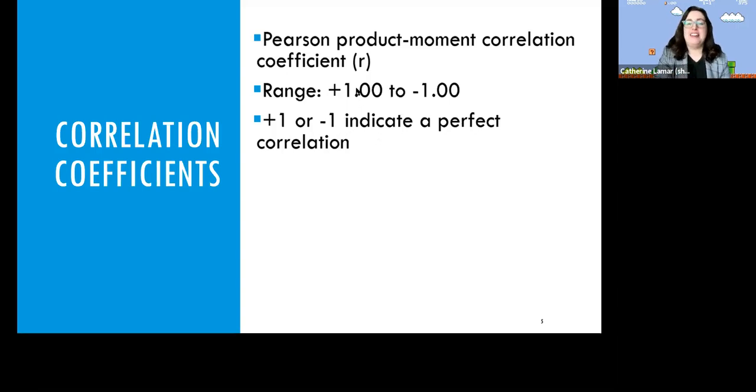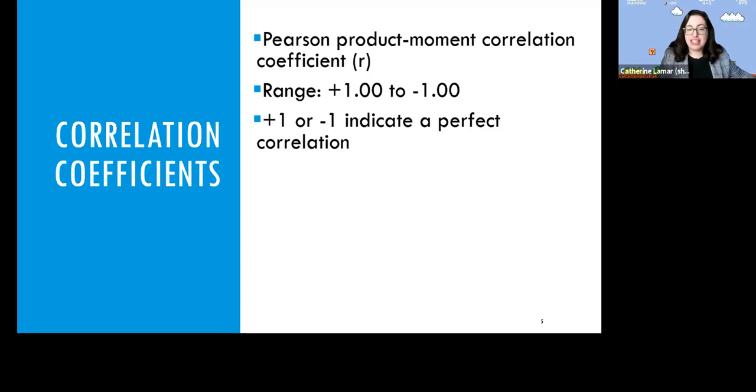Now, let's talk about the difference between +1 and -1, because both are perfect correlations. So how are they different? Well, it's just the sign in front. A +1 is positive, which indicates that it's a positive relationship. A -1 is negative, which indicates that it's a negative relationship.